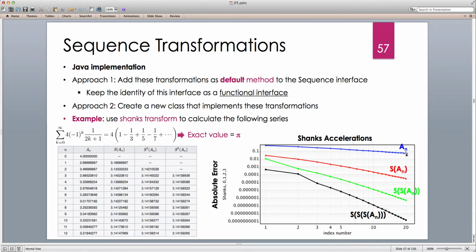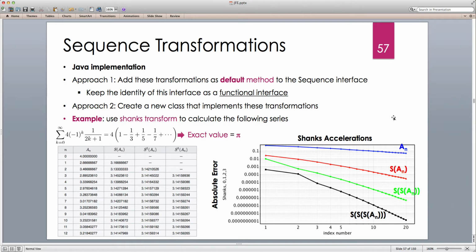After summing over 20 terms, the error doesn't even have 1 decimal accuracy. And then as soon as we Shanks it, after 20 terms, we get 3 to 4 digits of accuracy. If we Shanks it again, the error becomes even better. And if we Shanks it 3 times, after 20 summations, the error is very, very good. So the convergence becomes faster and faster, all right?